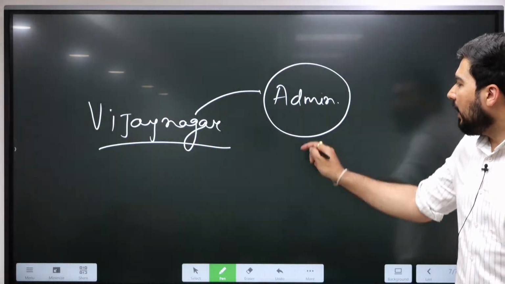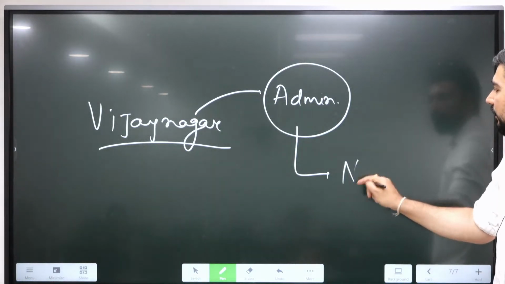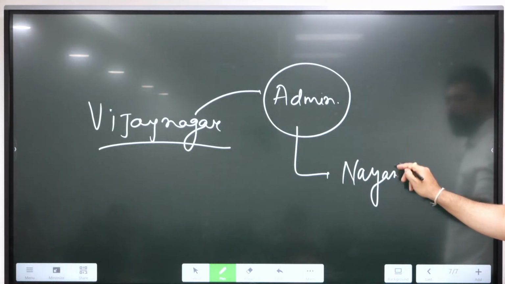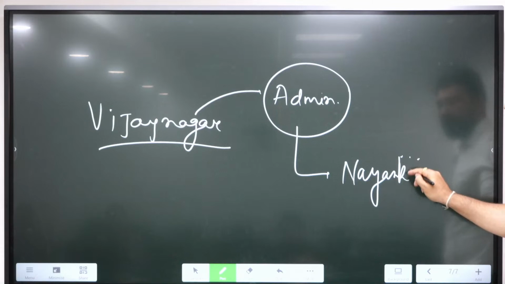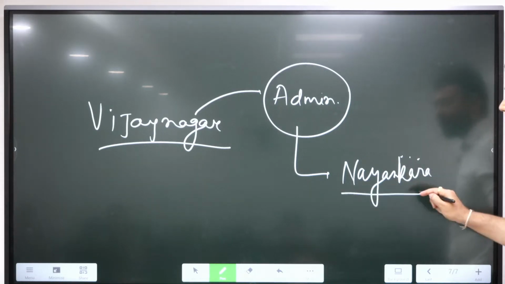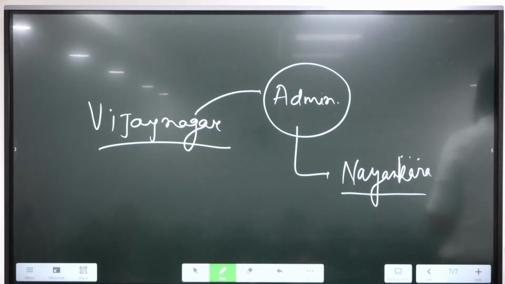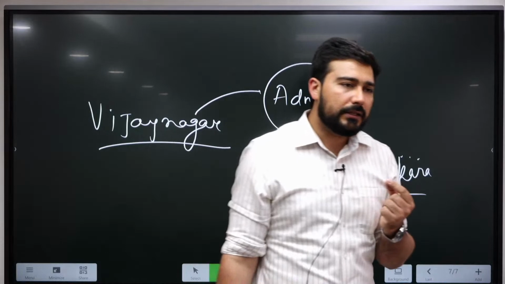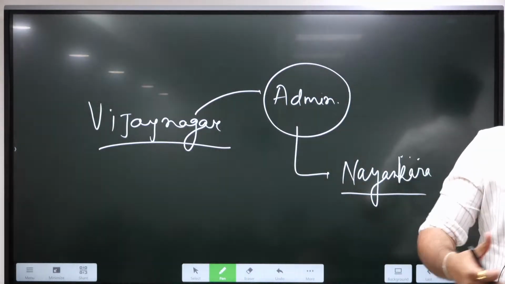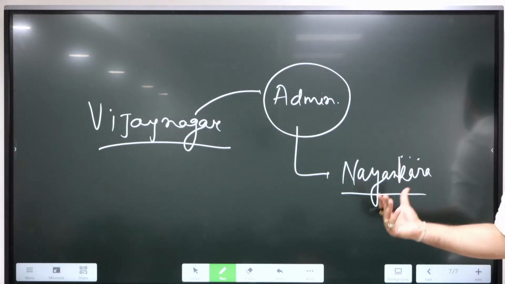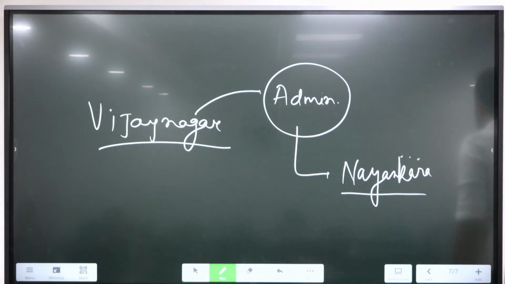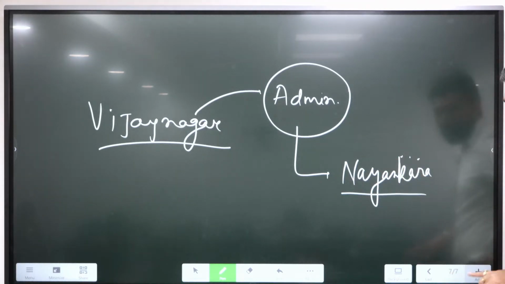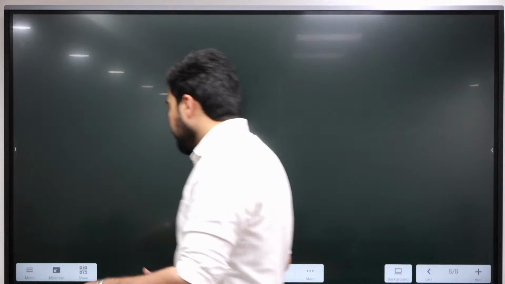They had this specific system known as the Nayankara system, which was built by the Nayakas. We had discussed one term, the Ikta system, during the time of the Delhi Sultanate. There were various systems under the different administrations. So they had the Nayankara system. If we see its features, it was a bit sub-autonomous.